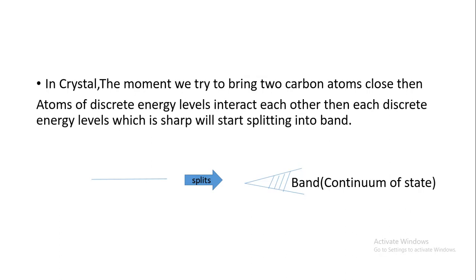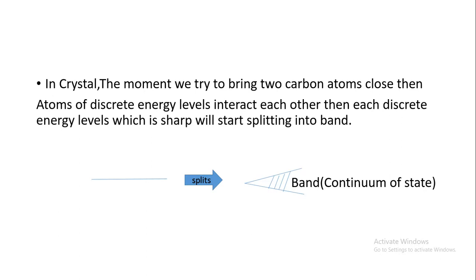Like two friends sitting very far from each other, how can they interact? Like in a class, 90 students are there; if they sit nearby each other, they will interact. In the same analogy, if we talk about any carbon crystal, there will be n number of atoms.